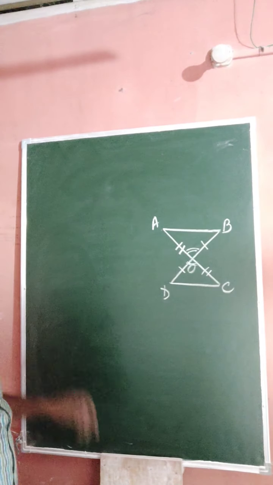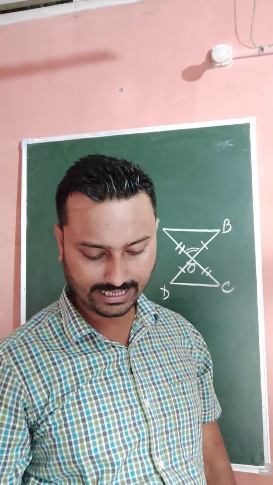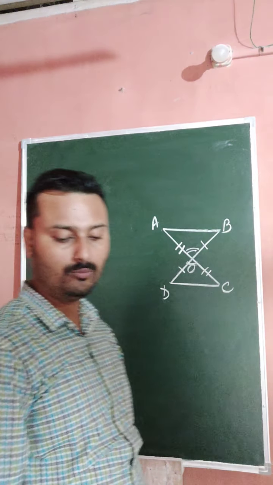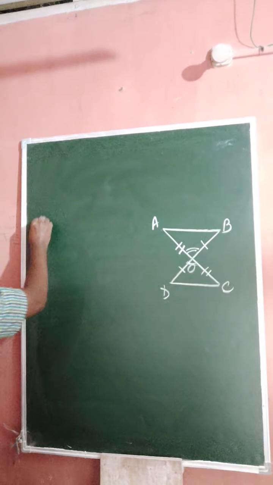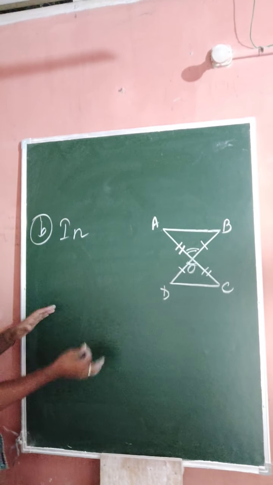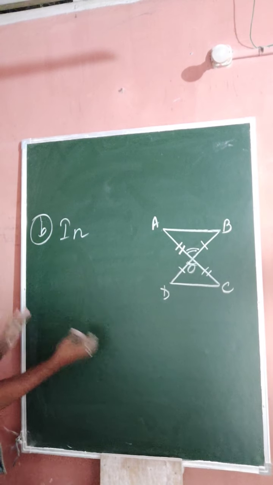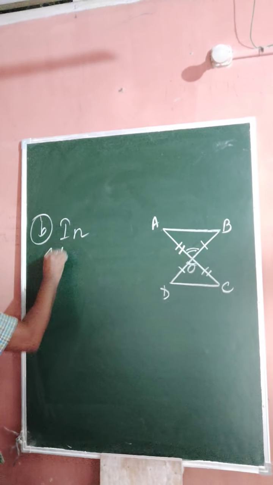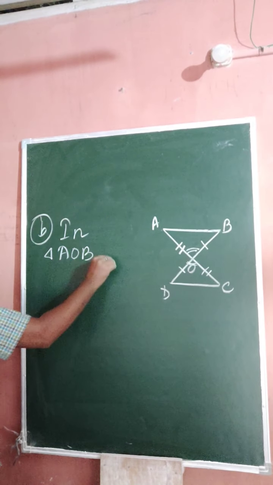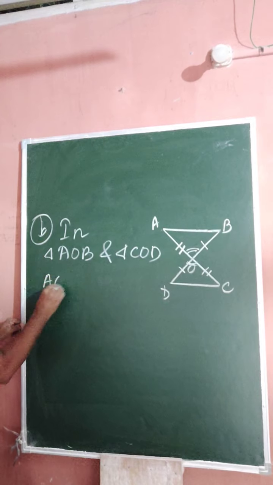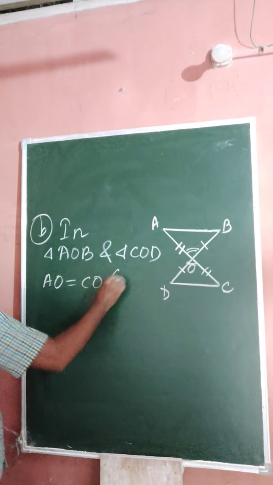Now come to question B. Which is true? Triangle AOB congruent to triangle DOC, or triangle AOB congruent to triangle COD. Let's write the same things and prove this, and after that you will write the condition. In triangle AOB and triangle COD, AO is equal to CO, given.